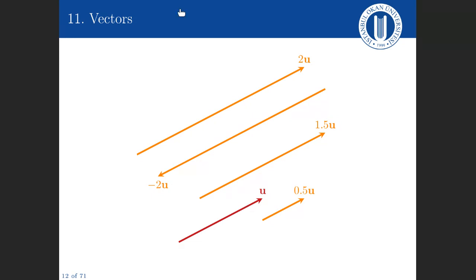We can multiply by a negative number. For example, minus 2u. Minus 2u and 2u have the same length, but minus 2u points in the opposite direction.